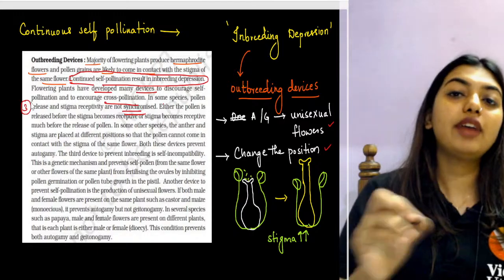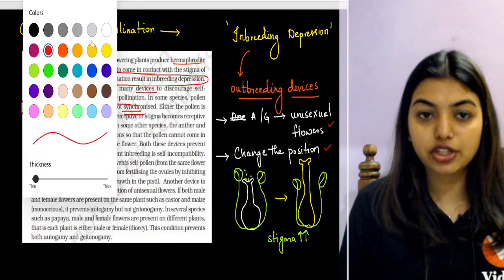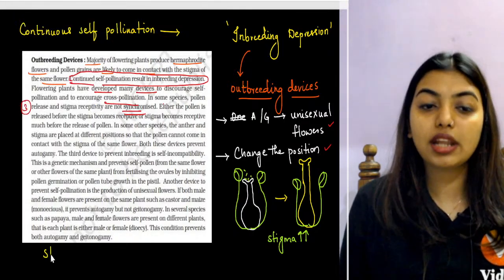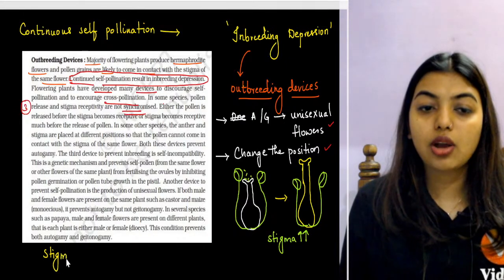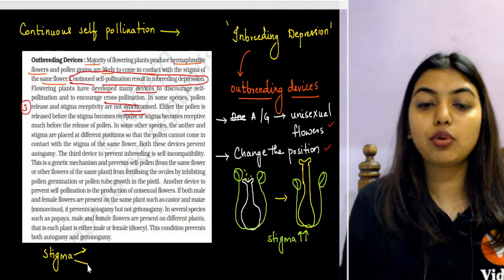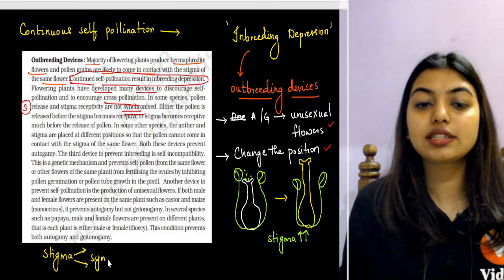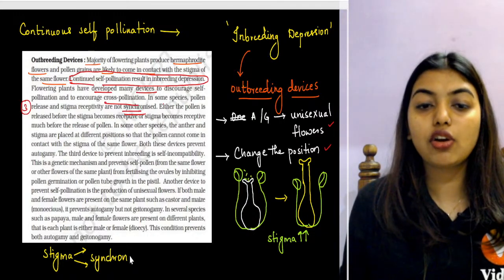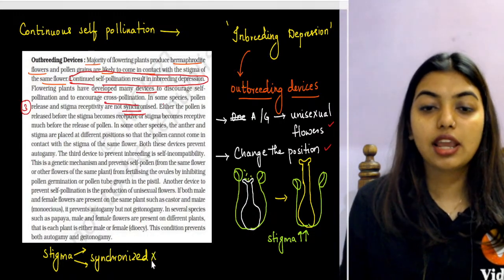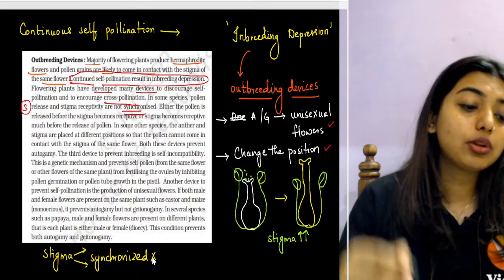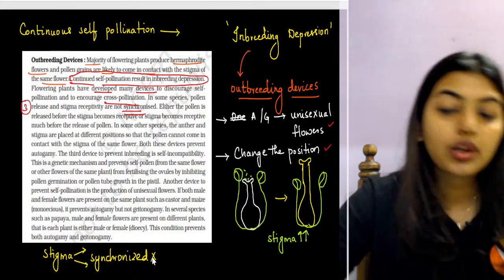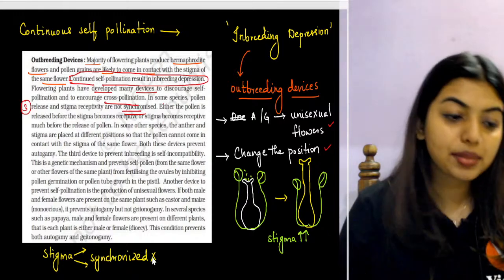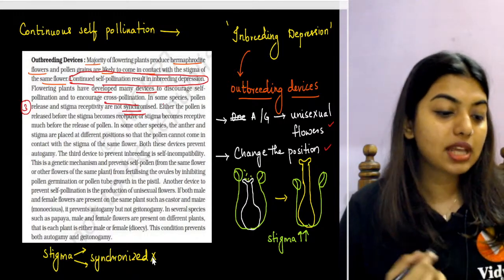The pollen grains will mature, but the stigma will not be ready to take the pollen grains. That means the stigma's maturity and the pollen grains' maturity will not be in sync with each other. If they are not synchronized, you tell me, how will pollen tube germination happen? Yes or no?